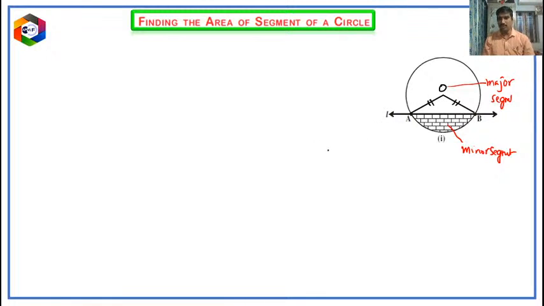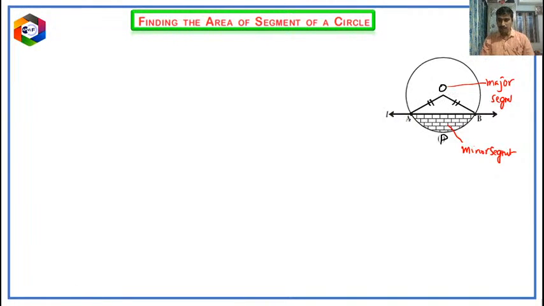Now if we can observe, children, here I am going to mark some point P. Now OAPB is completely a sector. Observe here, OAPB is a sector. Now out of this sector, this non-shaded part is a triangle.